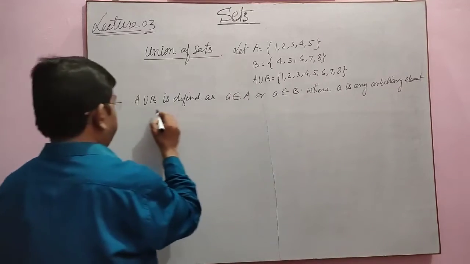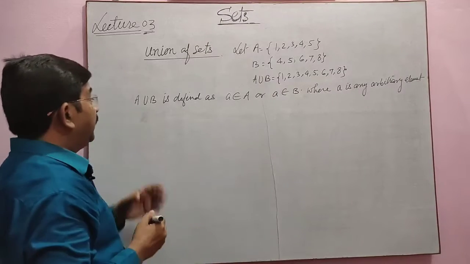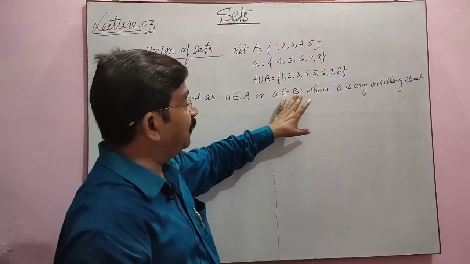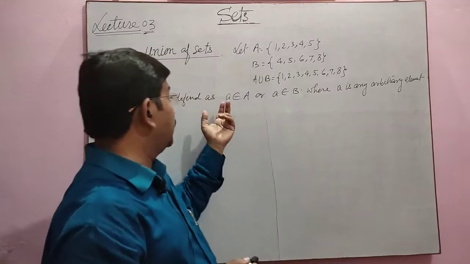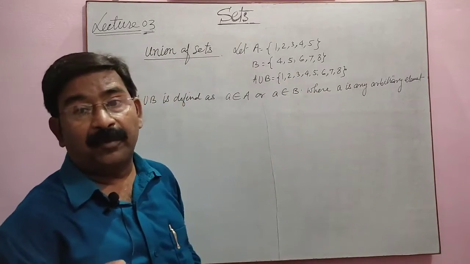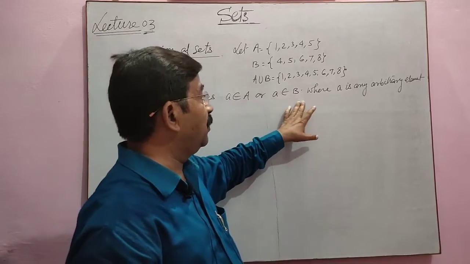Means the element found in A union B may be from A or from B. So x belongs to A or x belongs to B.